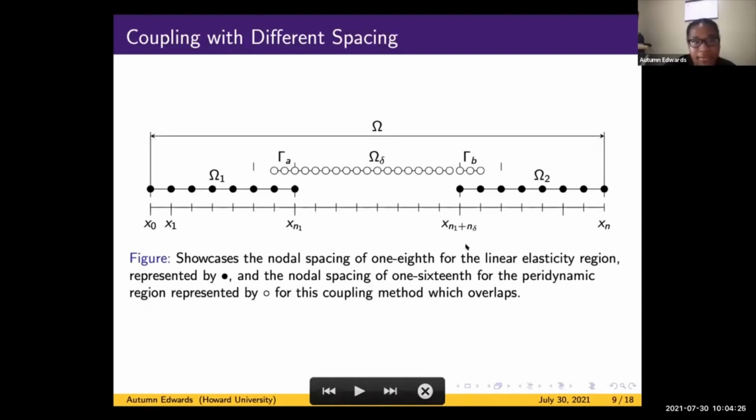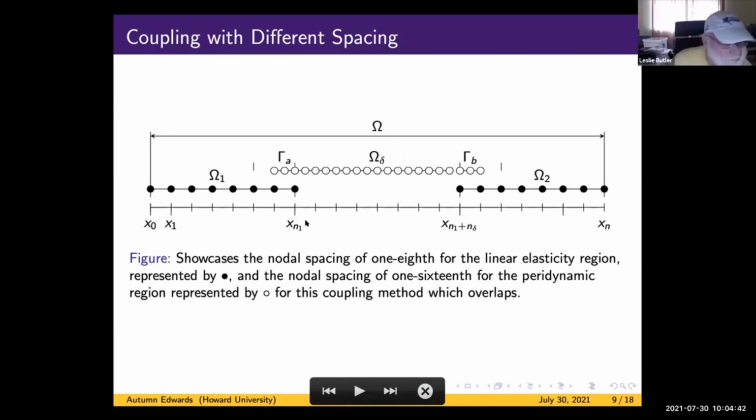So right here we have a model which showcases our linear elasticity model, which is in the black filled-in dots, and then our peridynamic model, which is in the open white dots.